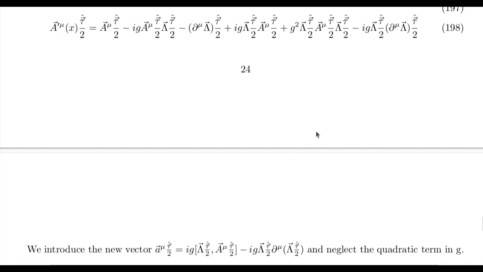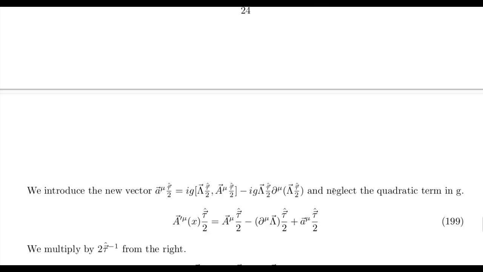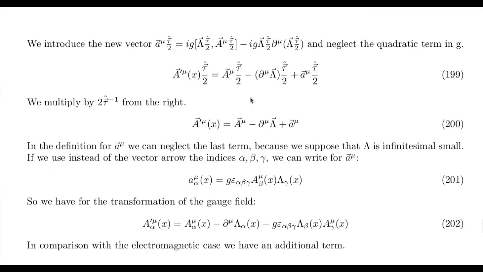And we write the last term here according to the definition of the a vector here. Then we can write the transformed gauge field: it is the old gauge field minus this term plus the newly defined a vector. Then we multiply by 2 and the inverse tau matrices from the right. So we have this equation 200.